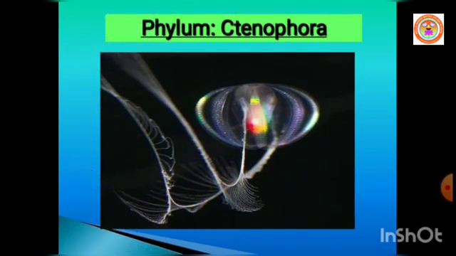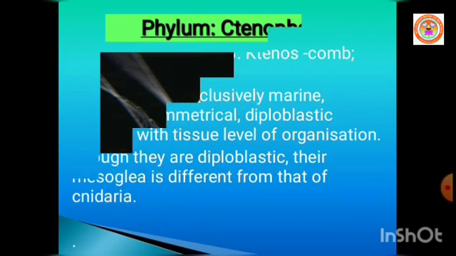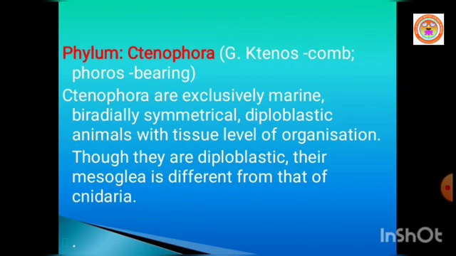Now let us continue with phylum Ctenophora. In Greek, ctene means comb and phoros means bearing. Ctenophora are exclusively marine, that is aquatic in nature, and biradially symmetrical. Example, comb jelly. They are diploblastic animals with tissue level organization.